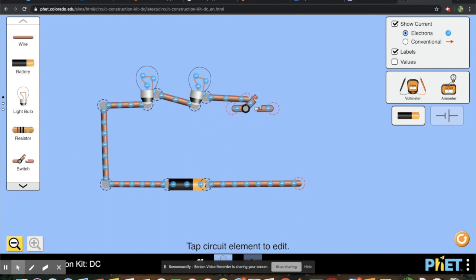I'm going to put a switch right here. I'm going to put another switch out here by the battery. Okay. And then I've got a parallel branch above.